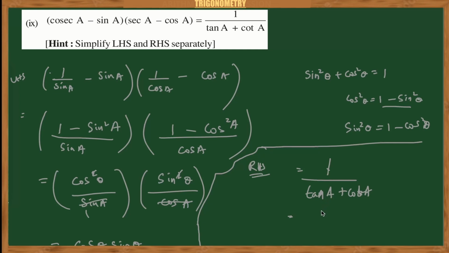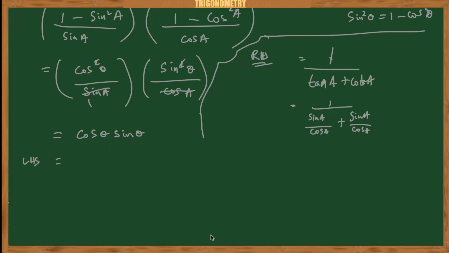So tan can be written as sin A by cos A plus cot can be written as... oh, I made a mistake here.